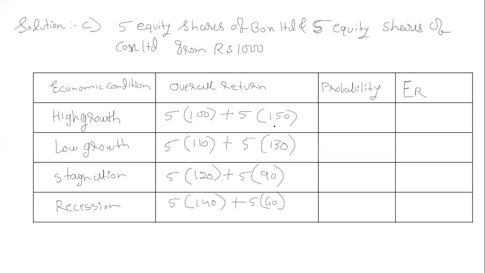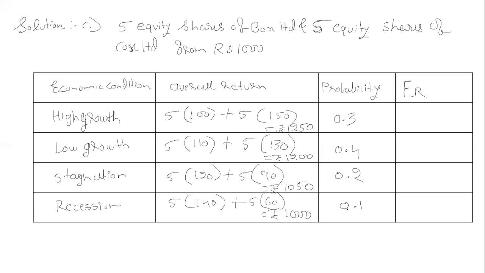So here we get the value after multiplying and adding. So here we get rupees 1250, and here we get rupees 1200. So here we get rupees 1050, and here we get rupees 1000. Okay, so probability we know, that is 0.3, 0.4, 0.2, and 0.1.